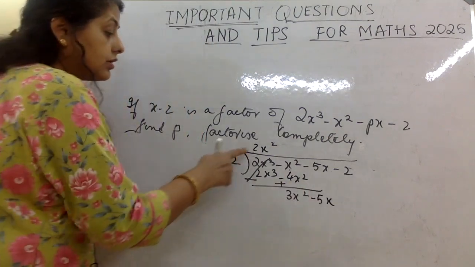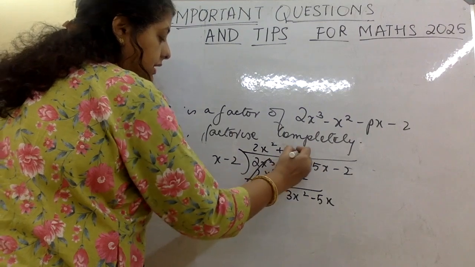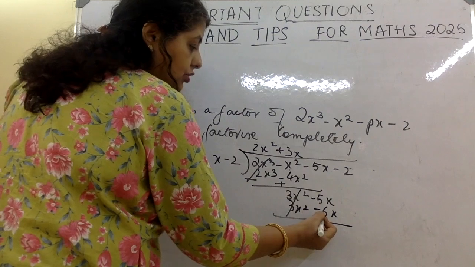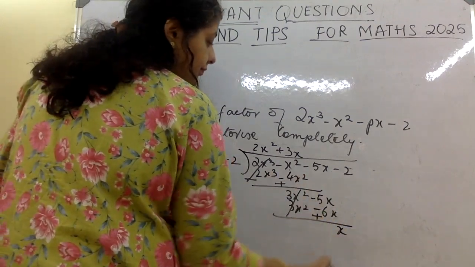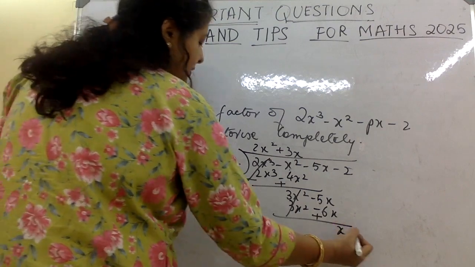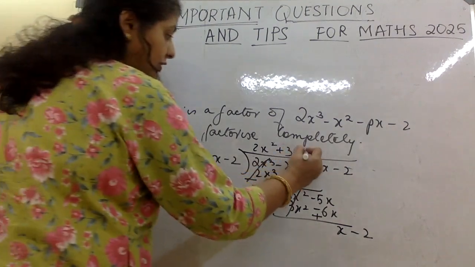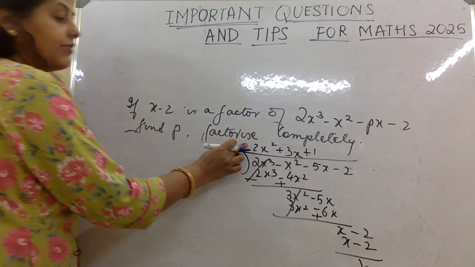So here what do I take? I need a 3x here. 3x square minus 6x. This is gone, change in sign, this is x minus 2. Clearly x minus 2. So I need plus 1, x minus 2, remainder 0. So I have got my factor here.